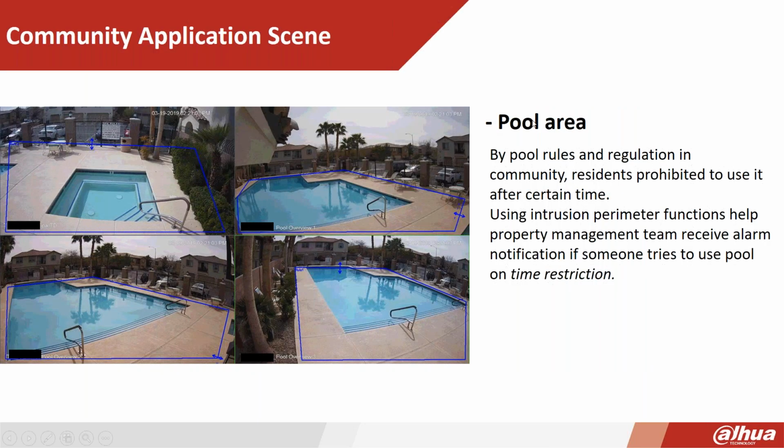You guys pretty much seen these rules before. So in a residential application, even in my apartment complex, we have pools, but they have set limited hours so you can only go in from 9 to 9. So after hours, they don't want anybody causing troubles or having parties inside the area.